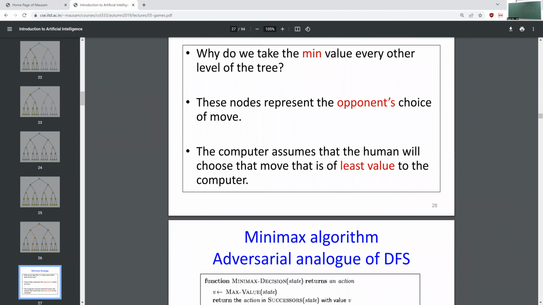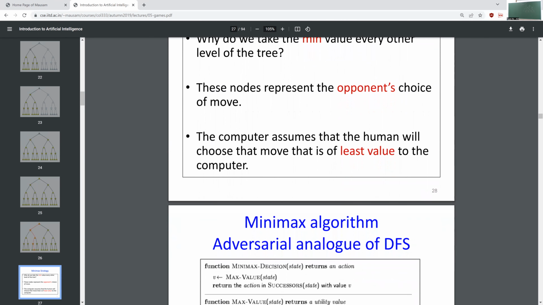Here the computer is the AI agent and the human is the opponent, and the AI agent always assumes that the human plays optimally. Even if it plays optimally, you have a guarantee of a minimum value that you will always get in the game.